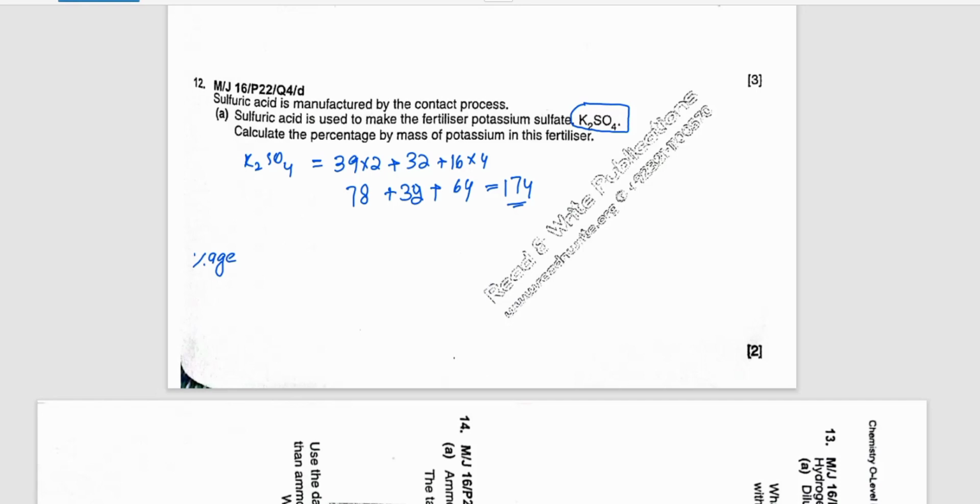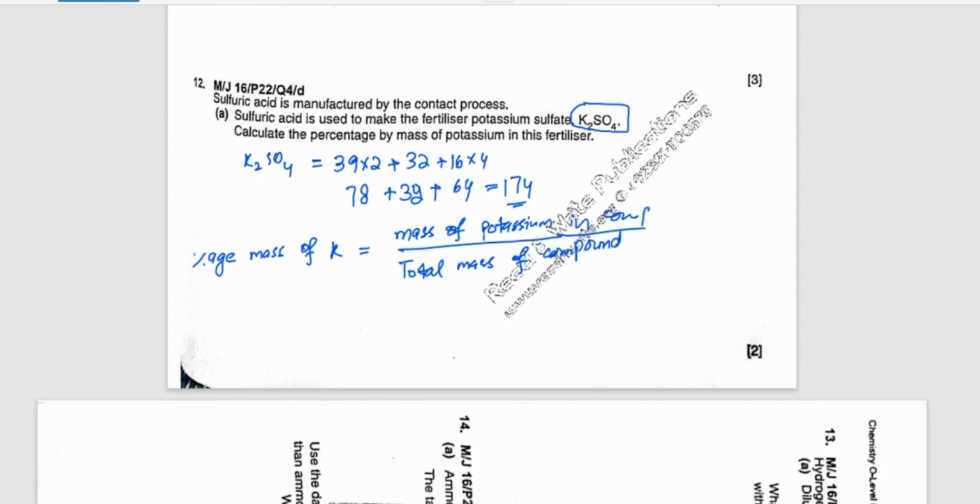Percentage mass of potassium is equal to mass of potassium in the molecule divided by total mass of compound, multiplied by 100.